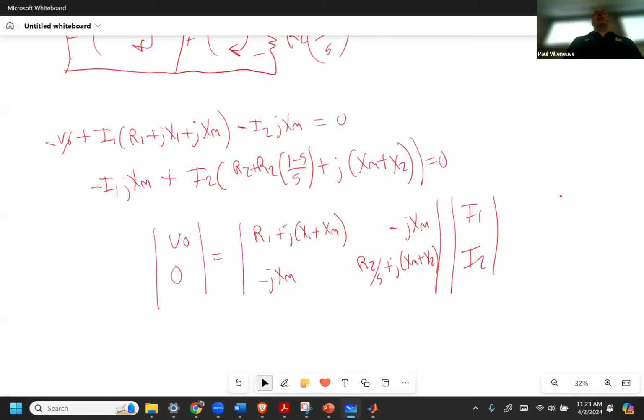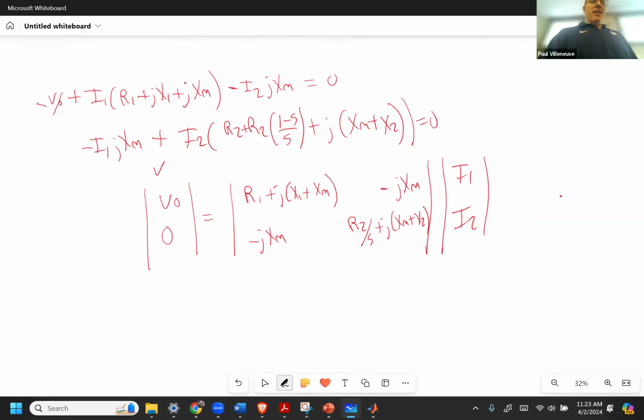Anybody not sure how to get there from here? Speak up now. It's a perfect time to do it. Because if you can use matrices, it really makes your life a lot easier. Because now I have a V matrix, which is equal to an impedance matrix times a current matrix.